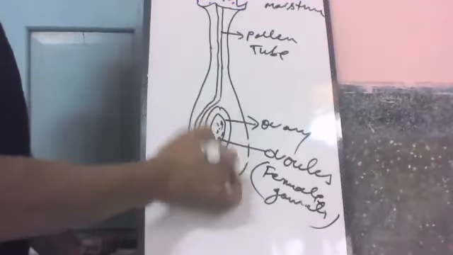The ovary converts into fruit. The ovary remains attached to the stalk of the flower and grows into fruit. The ovule inside the ovary develops into seed, and other parts like sepals and petals fall off after fertilization.